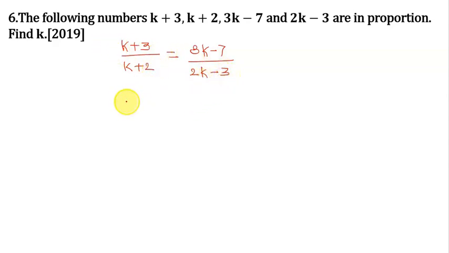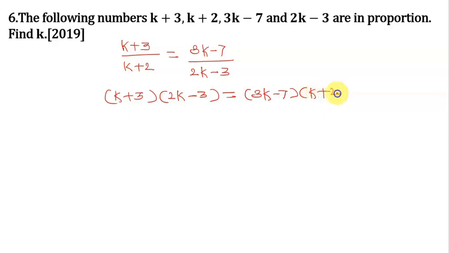Next, the cross multiplication: (k plus 3) into (2k minus 3) equals (3k minus 7) into (k plus 2).